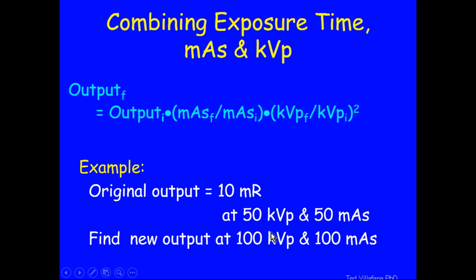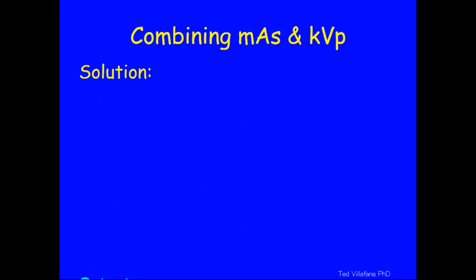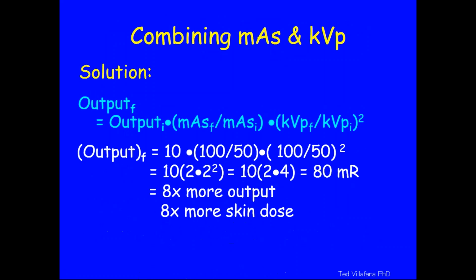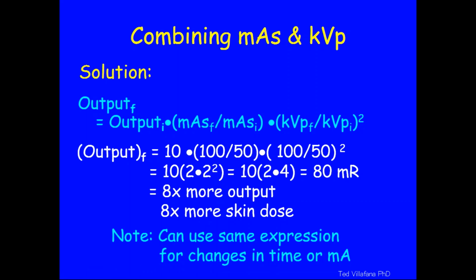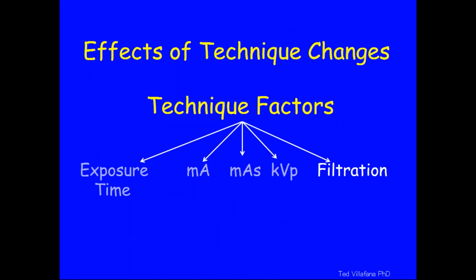So you have a 4 from the kV, you have a 2 from the mAs, and that result is 8. Okay, let's do it the long way, where the initial output was 10, and then the ratio of the mAs, that's a factor of 2, and then the ratio of 100 to 50 squared, there's your factor of 2 squared, and finally 8 times more skin dose. Okay, let's move on.